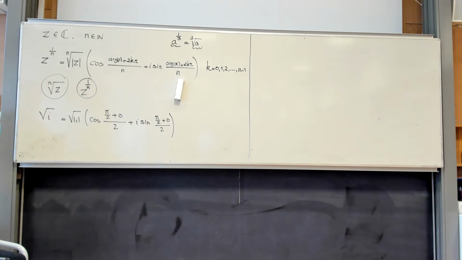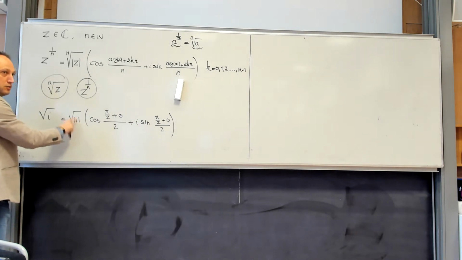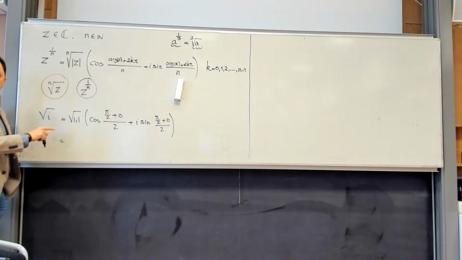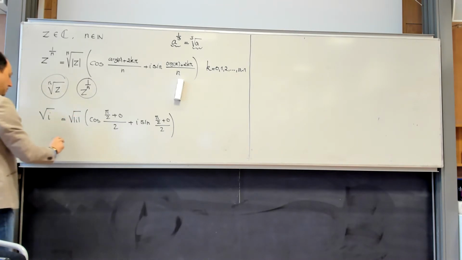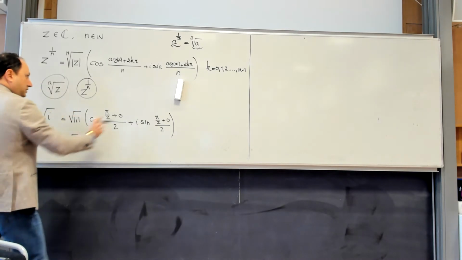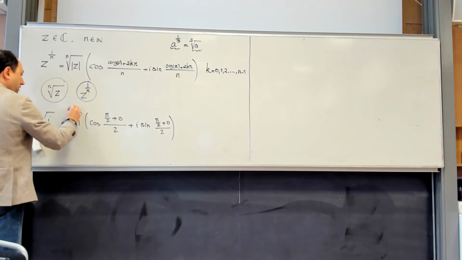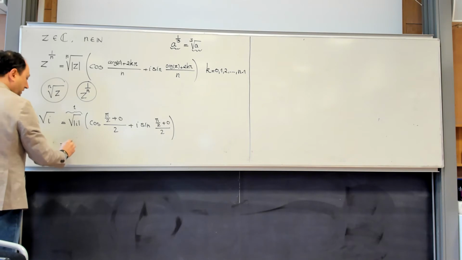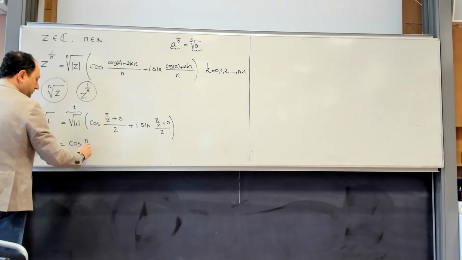And then I calculate. So the absolute value of i is 1. What is the square root of 1? 1. Exactly 1, because I am using the same convention. So I am using the principal value. So it is just 1. And then what is happening here? So it becomes cosine. Pi over 2 divided by 2 is pi over 4.